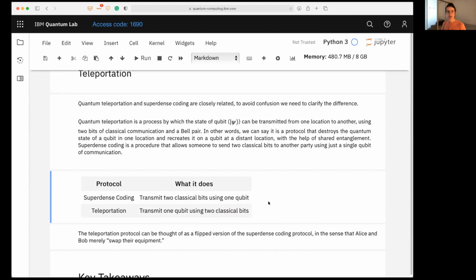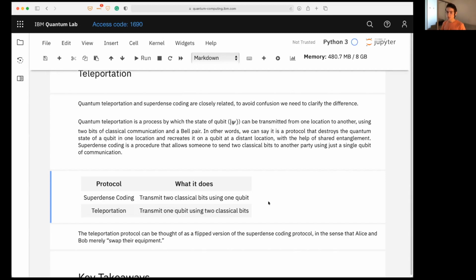In teleportation, we are physically transmitting 2 classical bits, like pulses or voltages down a wire, in order to tell Bob about 1 qubit. That's why it's called teleportation. It's a bit of a misnomer, because you still have to send these 2 classical bits of information for Bob to know exactly what state Alice wants to send.